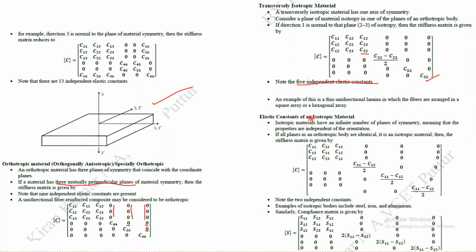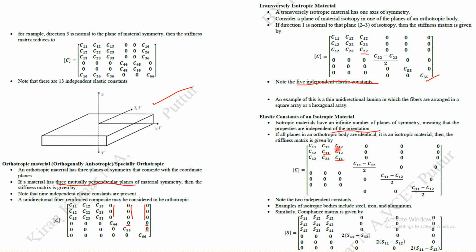And the last one is isotropic materials. In isotropic materials, the materials have an infinite number of planes of symmetry, meaning the properties are independent of orientation. If this is the case, the directions 1 2 3 become symmetrical, that is C11, C11, C11, which is the same constant for direction 1, direction 2 and direction 3.